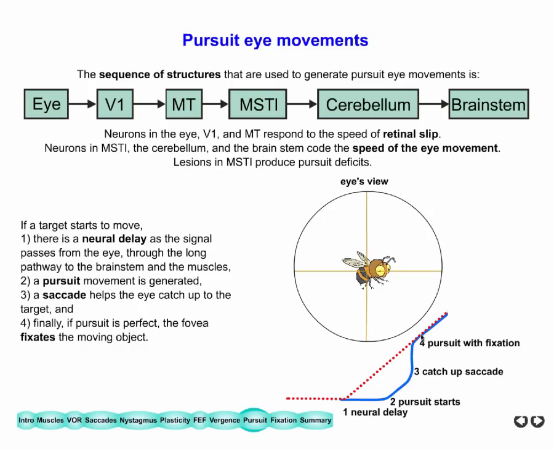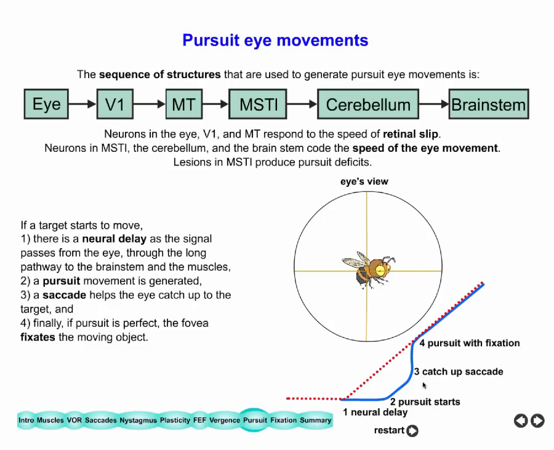Then it makes a quick saccade. While it's making the pursuit movement, it's still not on the fovea. So it needs to make a catch-up saccade to put the bee back on the fovea. So during this delay, the bee moved. The pursuit movement matches the movement of the eye to the speed of the bee, but it's still off of fovea because it had a head start on you.